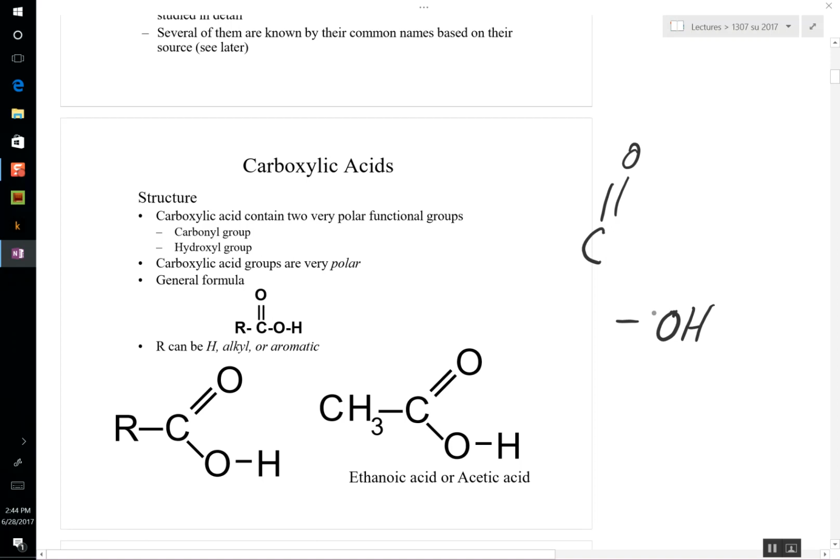They're the most polar. You've got a carbon here with two oxygens on it. And they're just pulling the electrons to these oxygens, so much so that it leaves this thing kind of hardly attached. You put it in water and it dissociates.